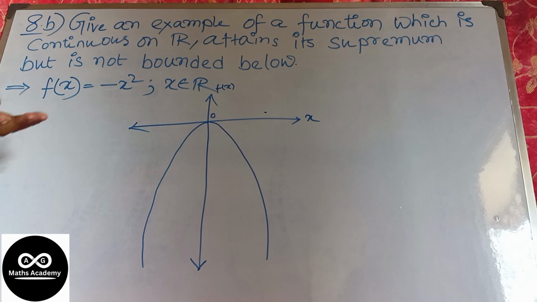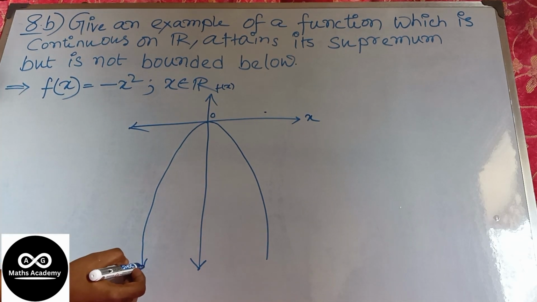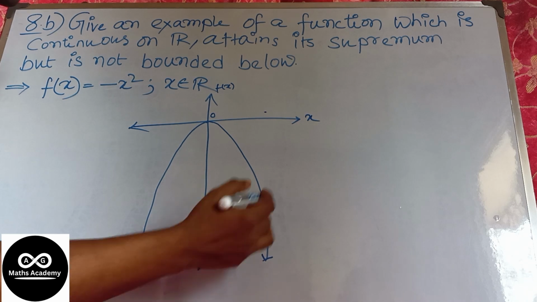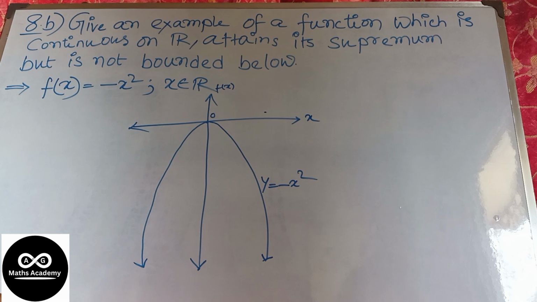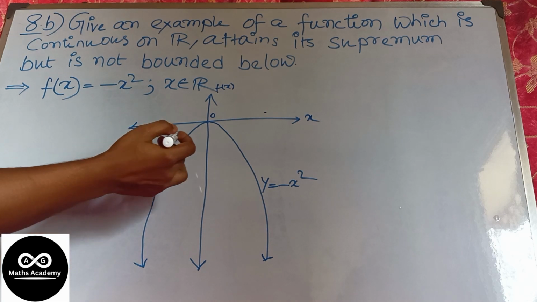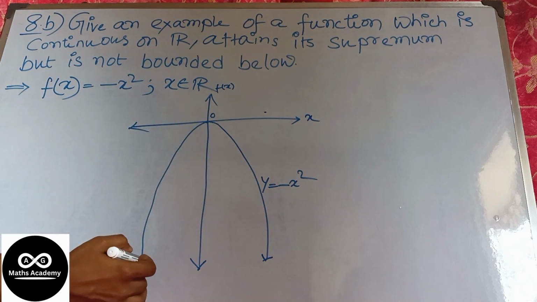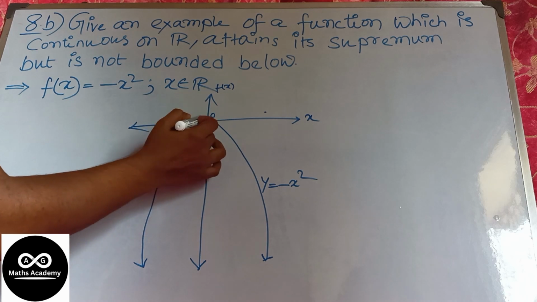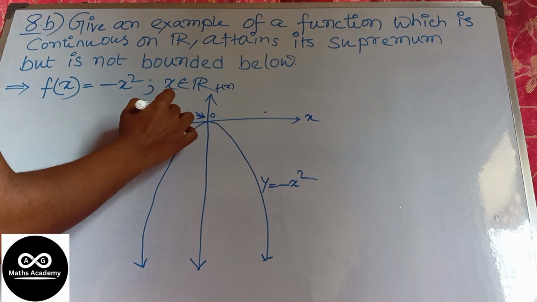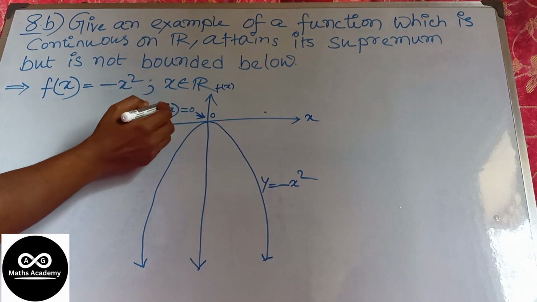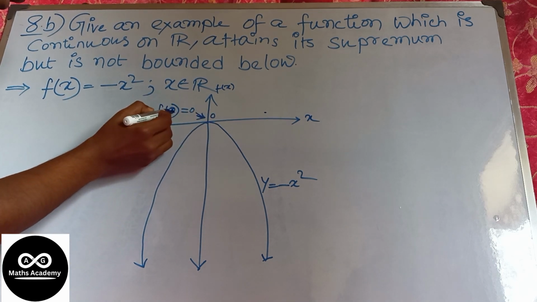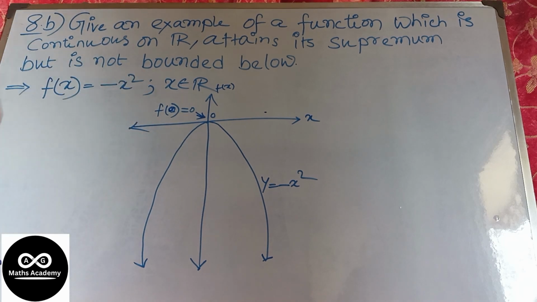It's like the opposite of x squared. So this is y equal to minus x squared. Now what we can see here is that the maximum value of this function is f(x) equal to 0 at the point 0. So f(0) is equal to 0.